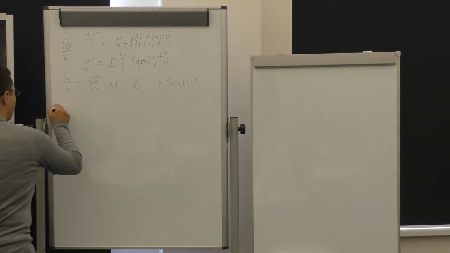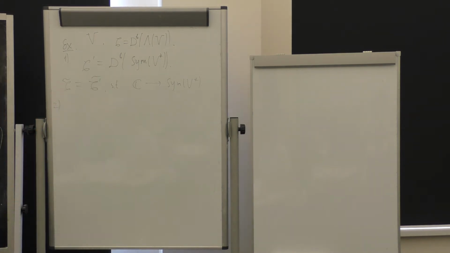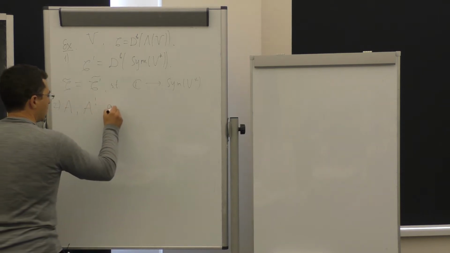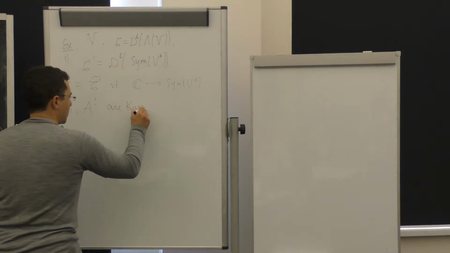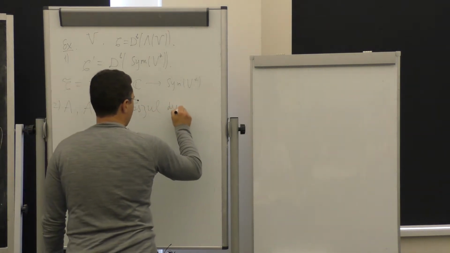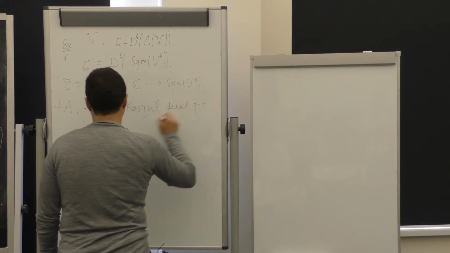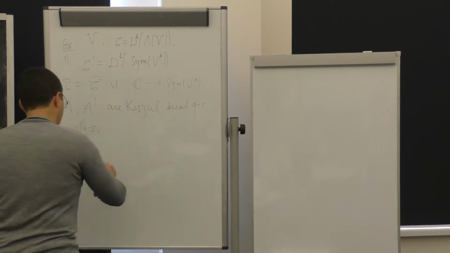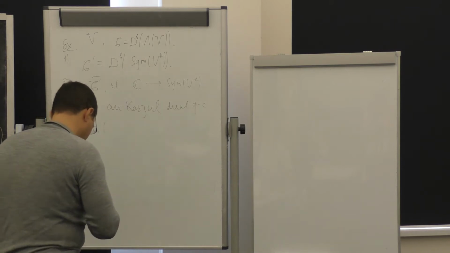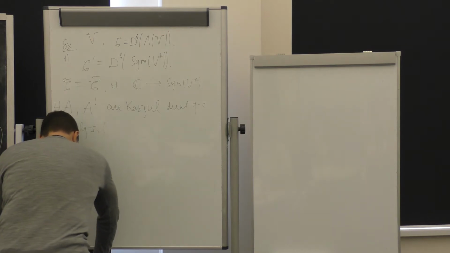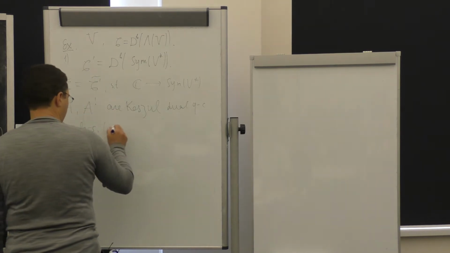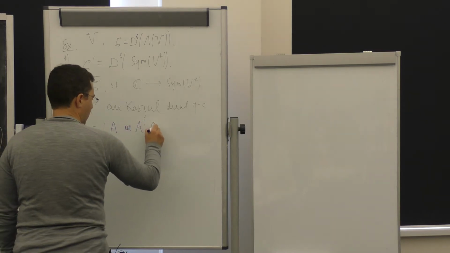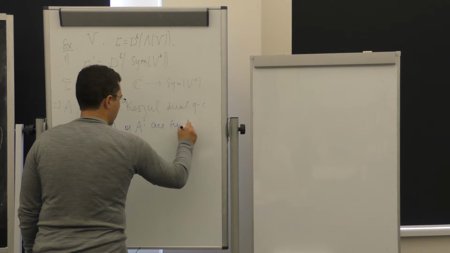So more generally, if A and A prime are Koszul dual quadratic algebras, and say, again, one can do it more generally, but say A and A prime are finite dimensional.